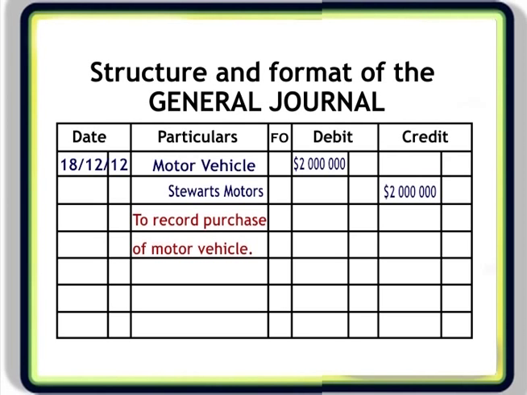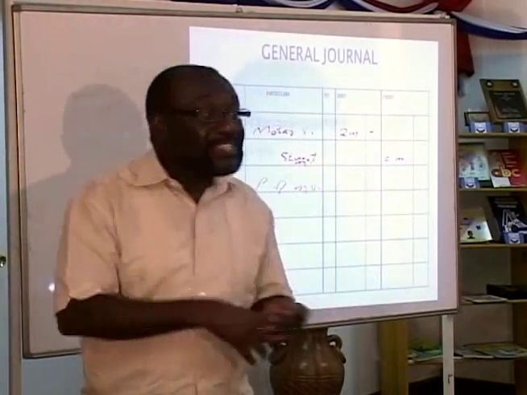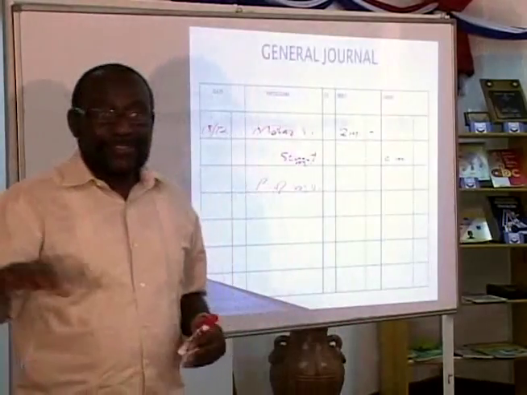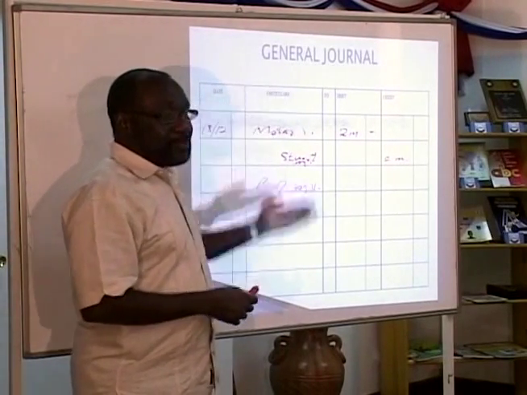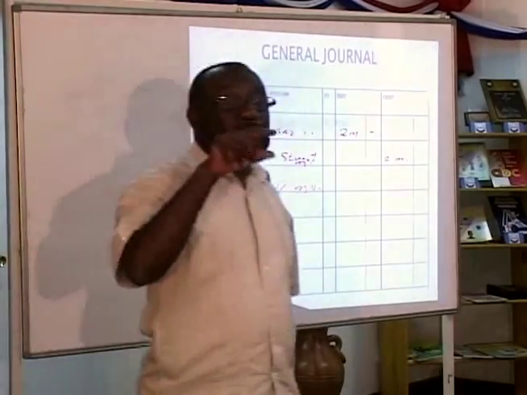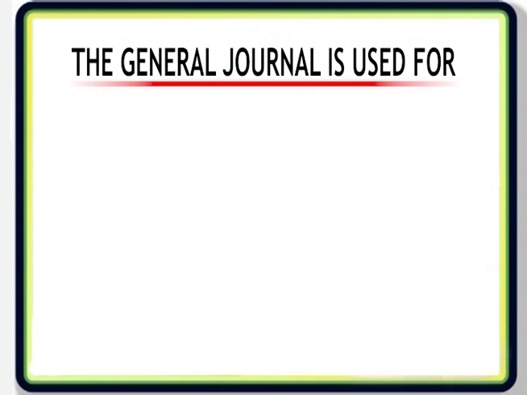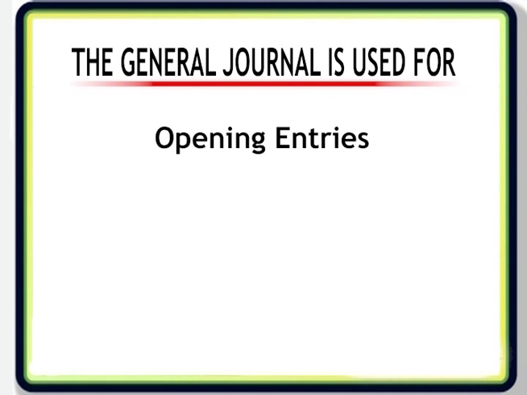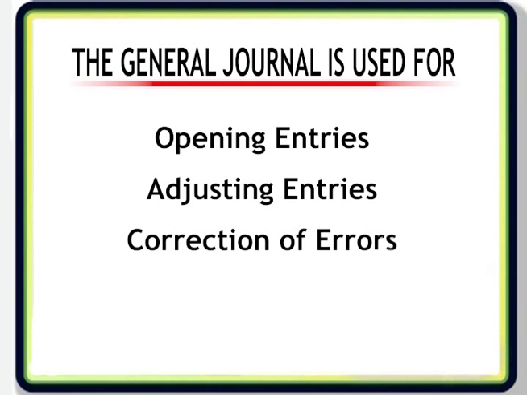So when you look in the purchases book, everything in there is purchases, so you don't have to worry yourself. But in the journal, it's a variety of things. So you need to specify and describe what it is that took place. In your response, you told me that the general journal is used for opening entry, for adjusting entry, and for correction of errors.